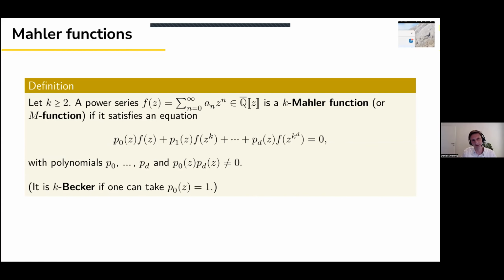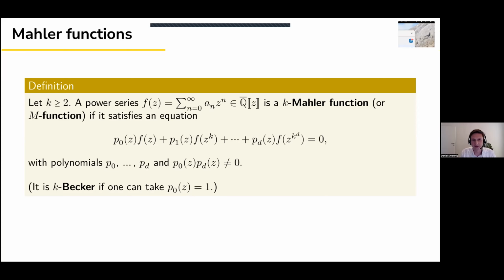And then we have a linear equation with polynomial coefficients in iterates of that operator. And of course, the equation should be somehow non-trivial. So say P0 and PD should be non-zero. And this is a k-Mahler equation of degree d.